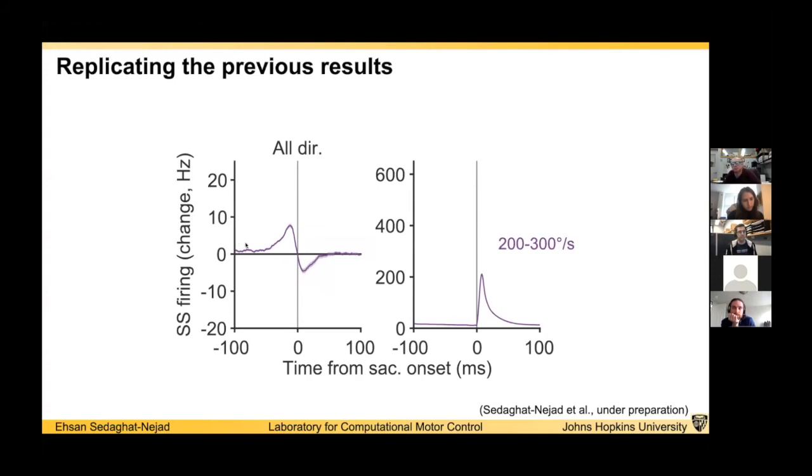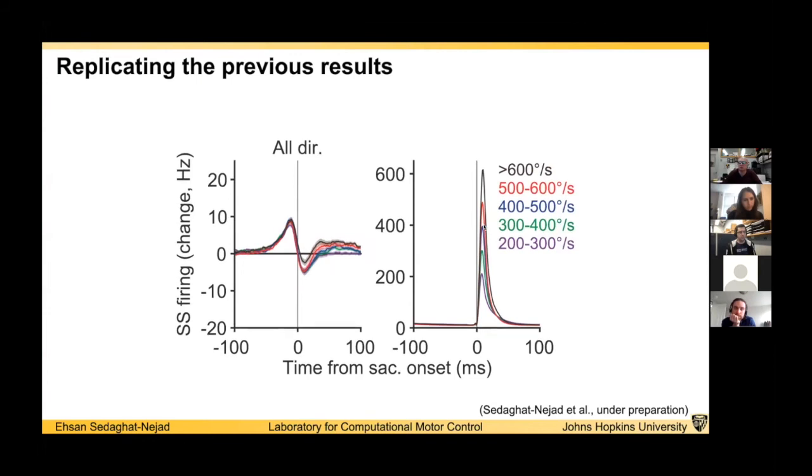What we'll see is that as a population, they are encoding the saccade. They burst before the onset of the saccade, and they pause during the saccade. But what is strange is that for different amplitudes or different peak velocities of the eye movements, these cells are not changing their activity. So it looks like they are modulating for the saccade, but they don't care what type of saccade it is.